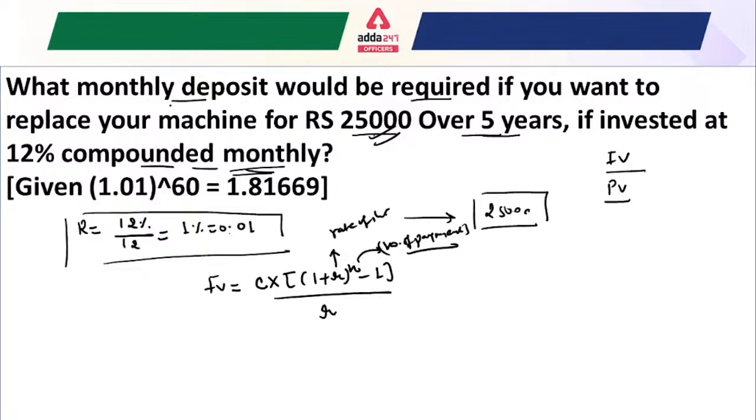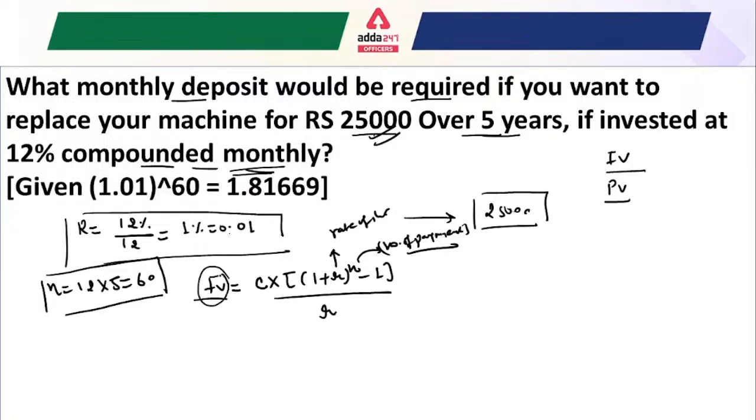In this question, the monthly deposit is required for 5 years, so the number of payments is 12 multiplied by 5, that would be 60. That means the value of n here is 60. You should never be confused: the rate of interest is used for the year, and n is used for the months, because n denotes the number of payments here. Okay, so that is the formula for the annuity.